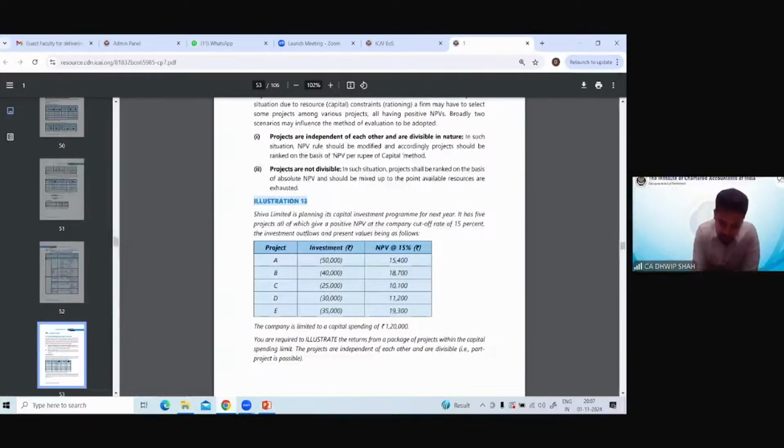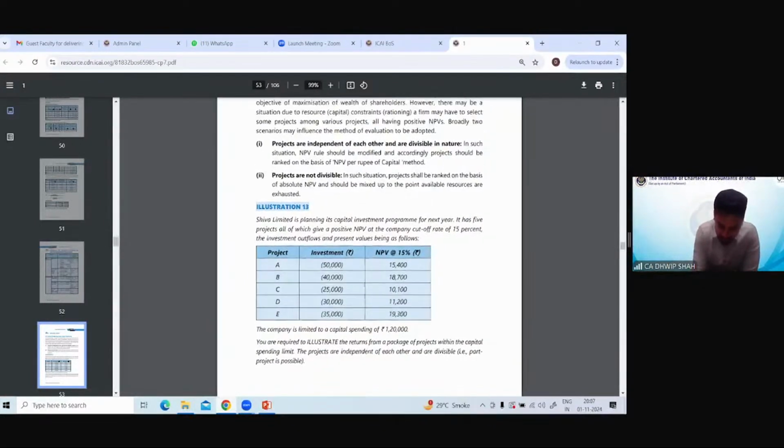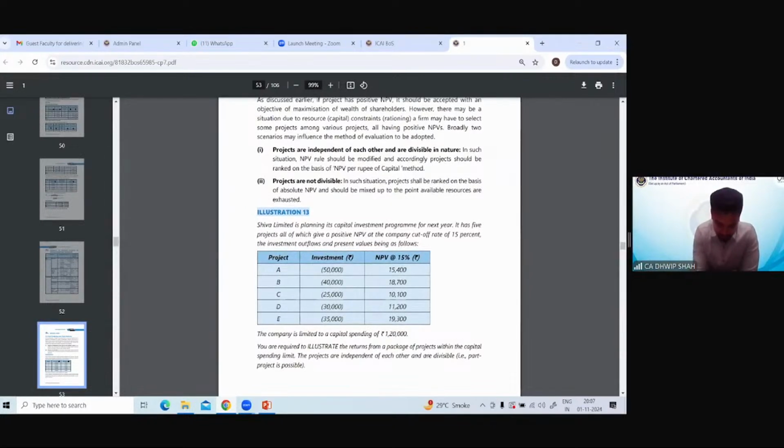See, they have directly given in this illustration the outflows and the NPV. This 15,400, 18,700, 10,100 are not cash inflows. They are net present value only. So don't get confused over here, that we have to discount these cash inflows. No, they have directly given the NPV.